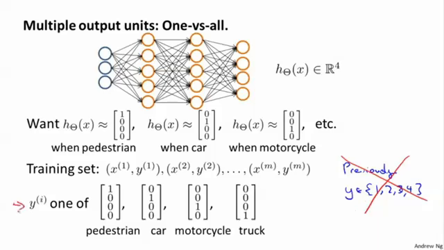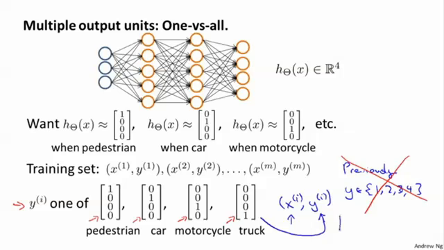Namely, y^(i) will be either [1,0,0,0], [0,1,0,0], [0,0,1,0], or [0,0,0,1], depending on what the corresponding image x^(i) is. So one training example will be one pair (x^(i), y^(i)), where x^(i) is an image with one of the 4 objects, and y^(i) will be one of these vectors.